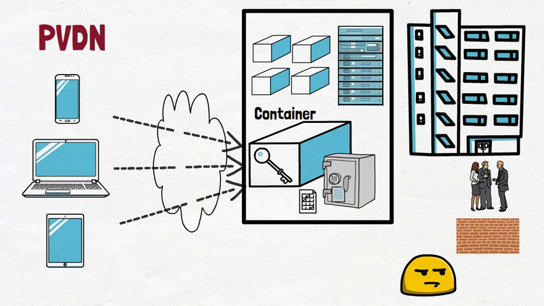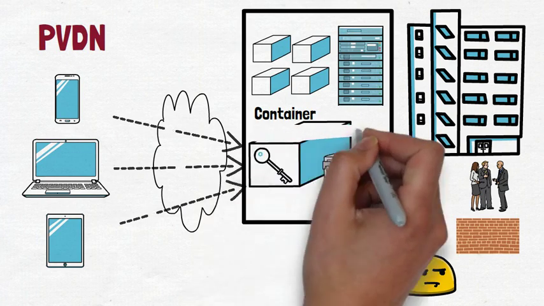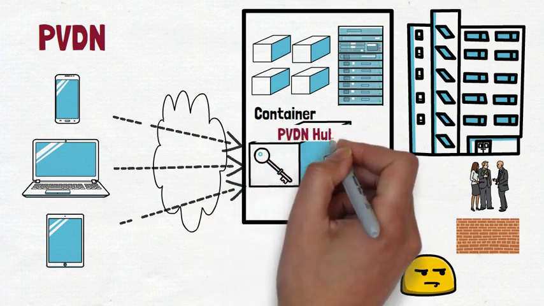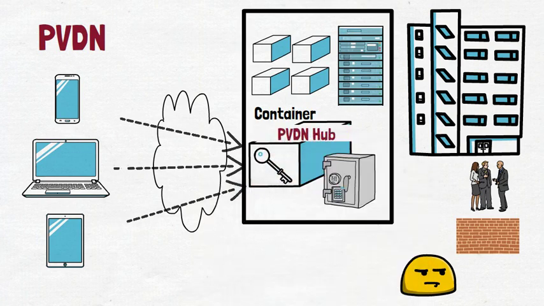It is like having your own safe with your own combination in your apartment, safe from anyone who might, for some reason, need to access your apartment. This set of encrypted files contains all of the essential data to run the PVDN and allow it to link all of your devices together. We call this container and the data services it provides the PVDN Hub.